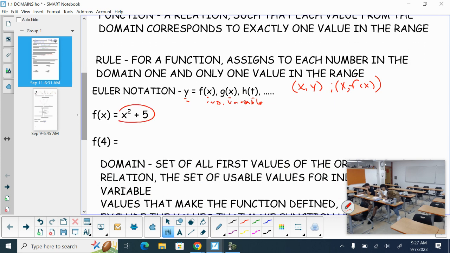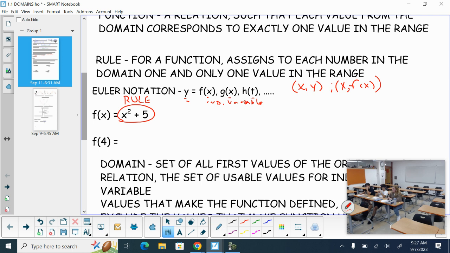So we have our dependent variable, our independent variable, and our y value. This right here, once again, what we talked about, a function assigns each value from the domain one and only one value in the range. This here is your rule. It's your equation. It tells you, okay, we're going to take a value from the domain and give it this value in the range. And how do we do that? Well, we have a rule of x squared plus 5.